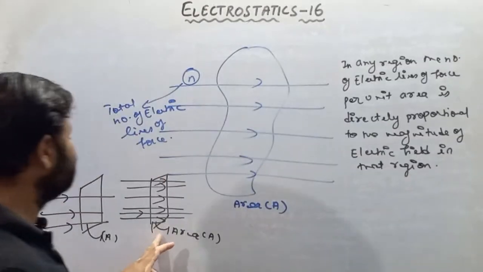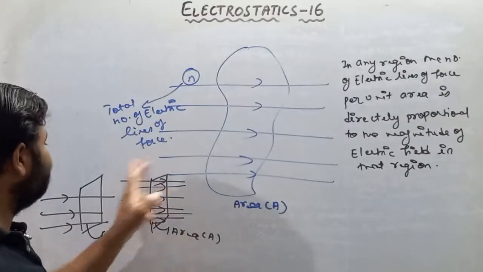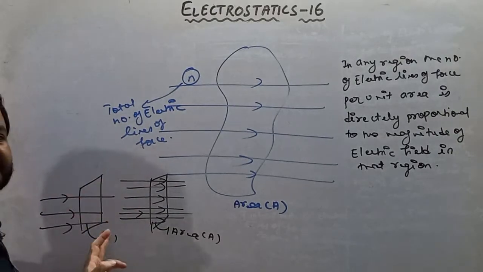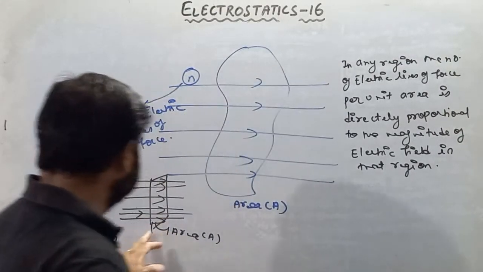So in this situation, the number of electric lines of force is more, so we'll say that the electric field is strong in this region compared to this region. Why? Because the number of electric lines of force is more in this region.